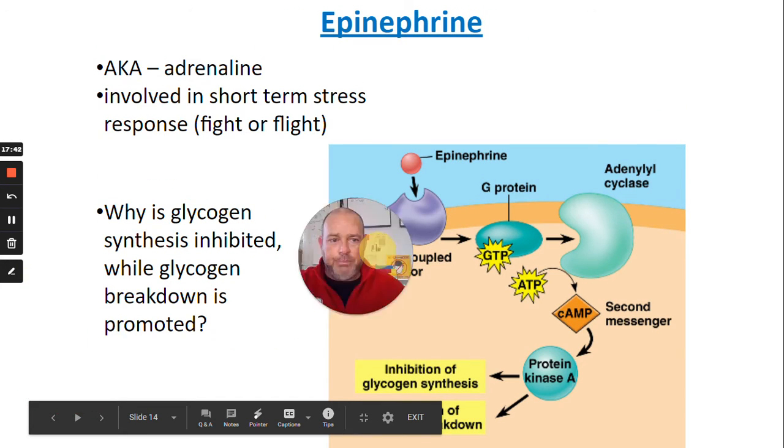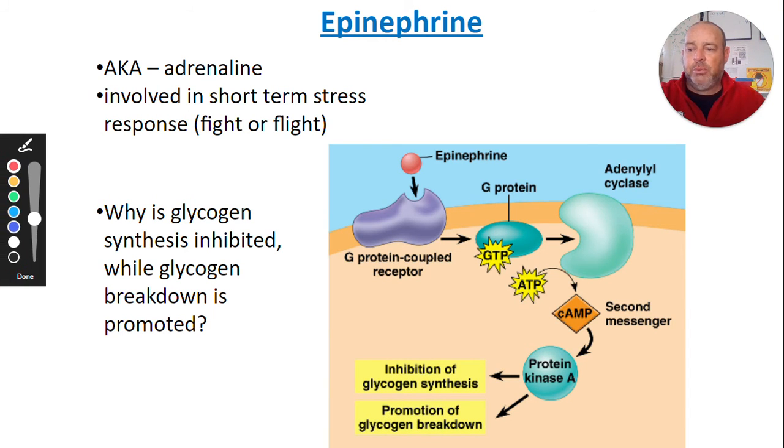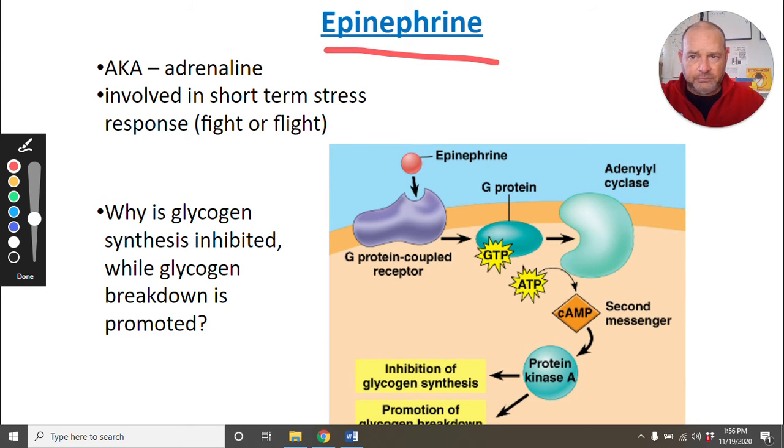All right, back to the GPCR. Here's our most specific example yet. Now we're going to talk about epinephrine, also known as adrenaline. You generally feel adrenaline in a couple different situations, right? Fight or flight, short-term stress.